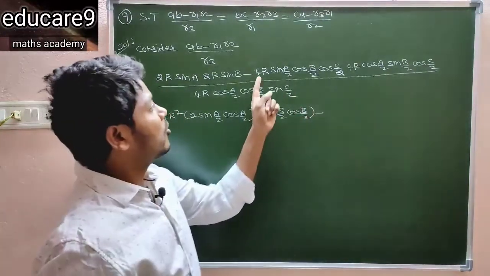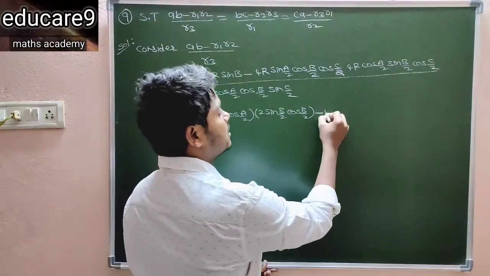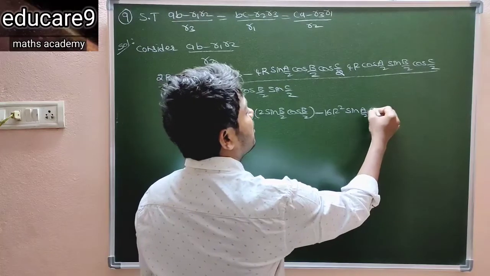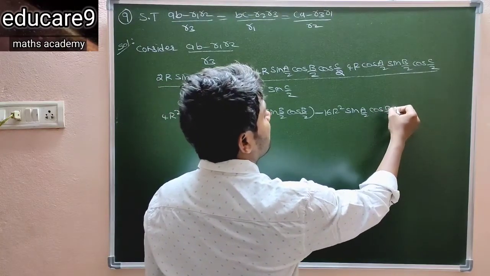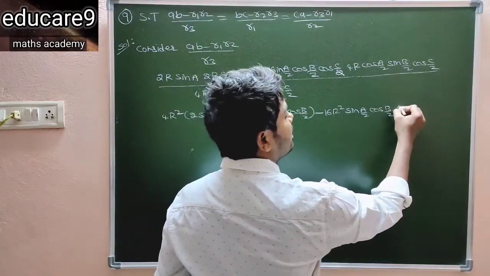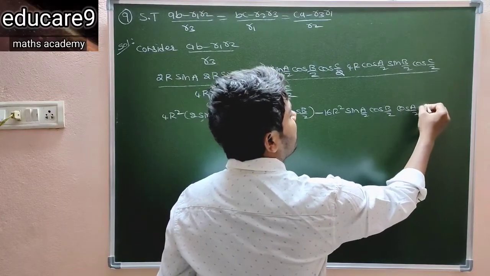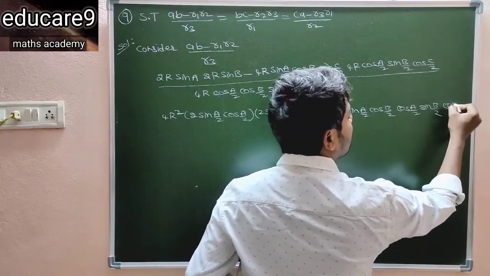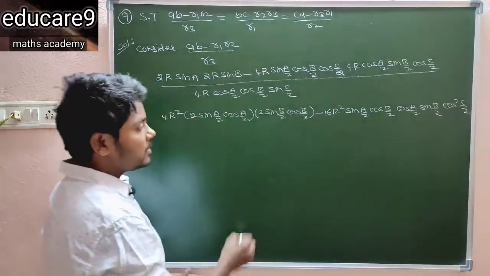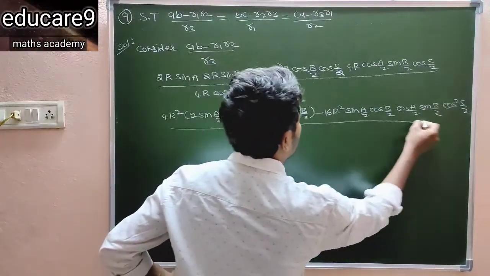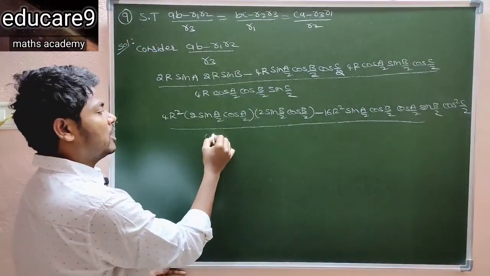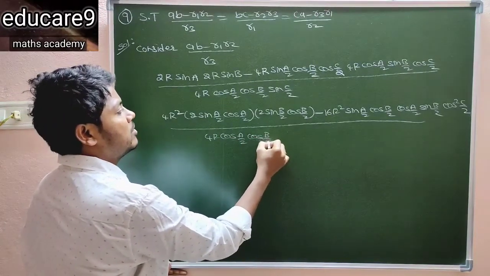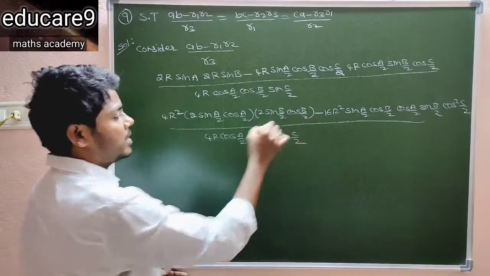Minus, see here, 4R into 4R, 16R square sin A by 2 cos B by 2 and cos A by 2 sin B by 2. So cos into cos, cos square C by 2. So divide by 4R cos A by 2 cos B by 2 sin C by 2.